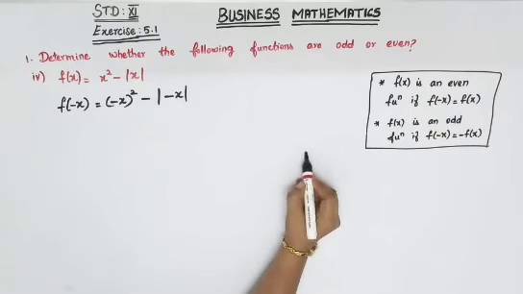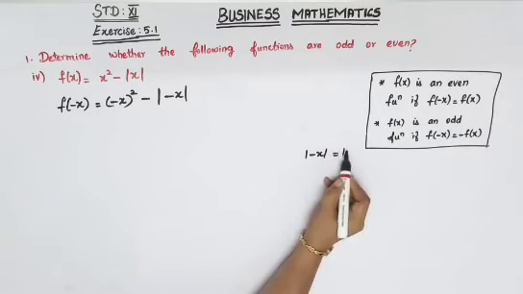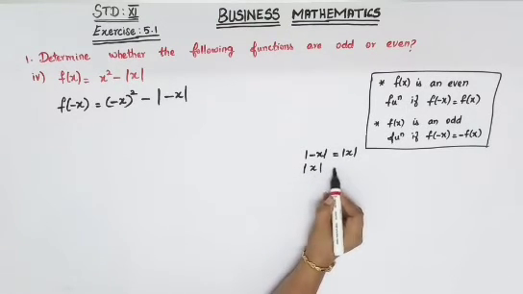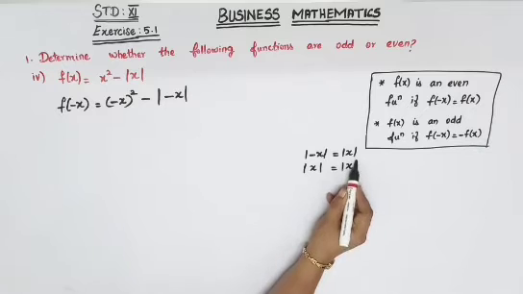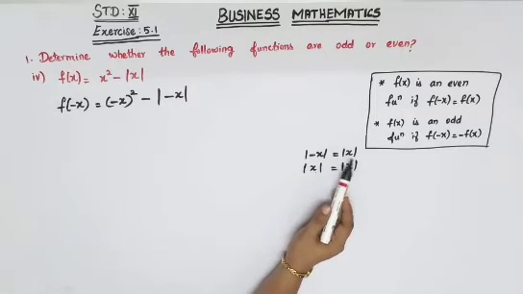The meaning of modulus is, modulus of minus x will be modulus of x only. If you give minus or plus inside the modulus, the answer will be modulus and plus only.